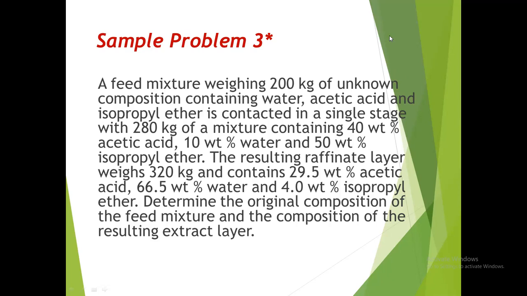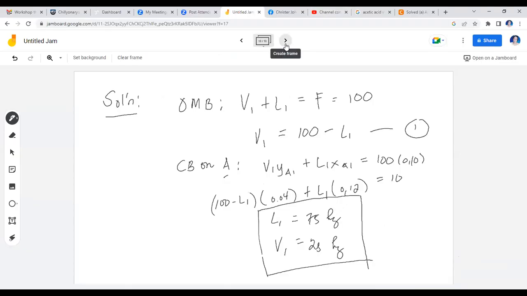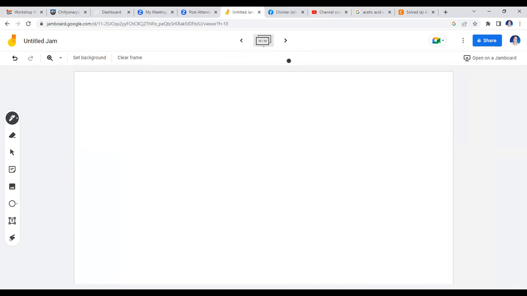And we'll go to the Jamboard for the solution of this. Okay, I'll go now to the Jamboard. Okay, this is sample problem number 3. So we'd like to write down the given for this sample problem. If we're going to simply draw a box for our extraction unit, since this is single stage extraction, we can do so.